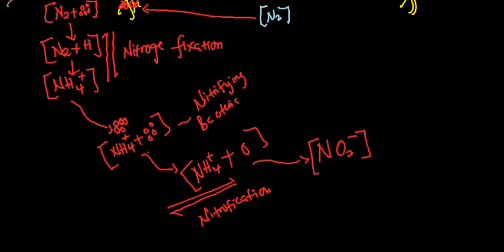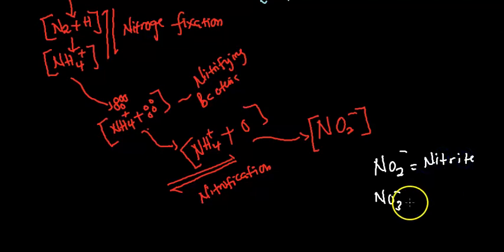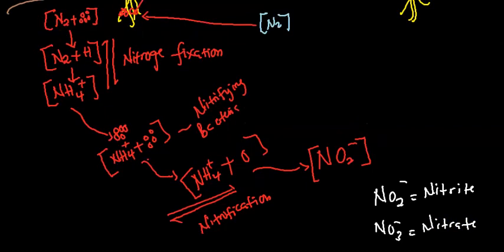But we should be able to differentiate between NO2 minus and NO3 minus. NO2 minus is nitrite with ITE, and NO3 minus is nitrate with ATE. So let's take a quick revision. Ammonium combines with oxygen and gives us nitrite.